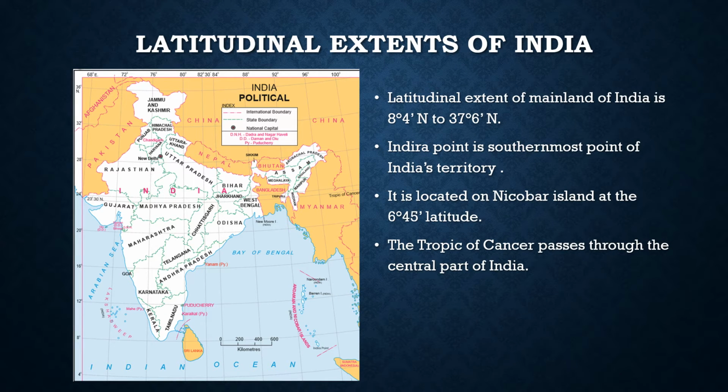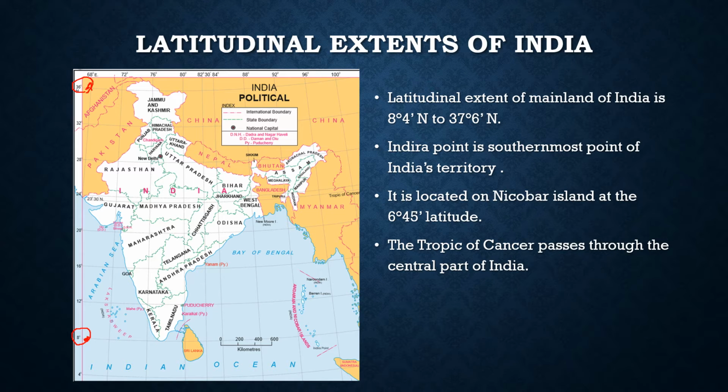Now we will see latitudinal extent of India. Latitudinal extent of mainland of India is 8 degree 4 minute north to 37 degree 6 minute north. Now see on the map, the numbers are shown there, 8 degree and 37 degree 6 minute north.